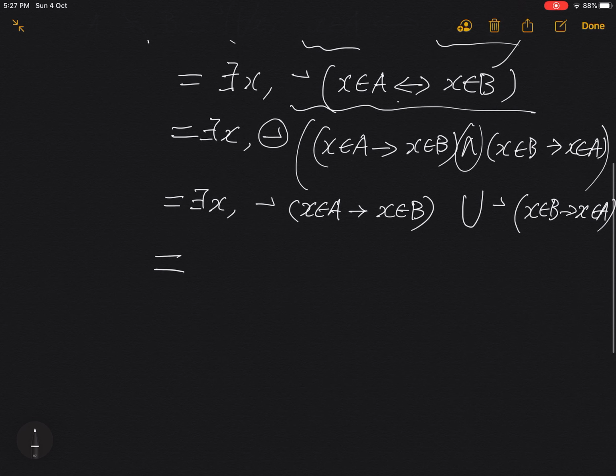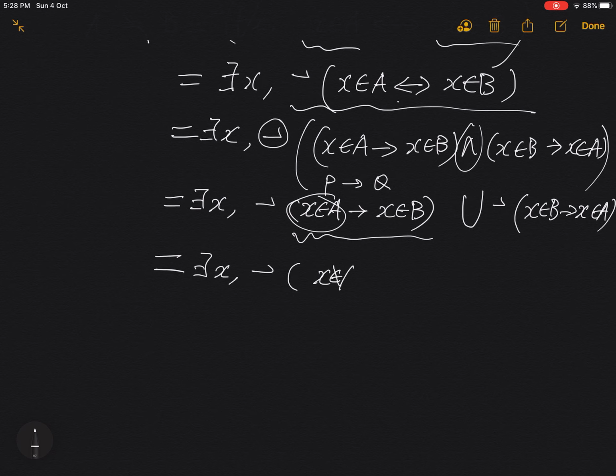And then for a conditional statement, we usually change the form. If we have P implies Q, then we will have not P or Q, right? It's the same. Not the first term, or the second term. It's similar. How to deal with this?